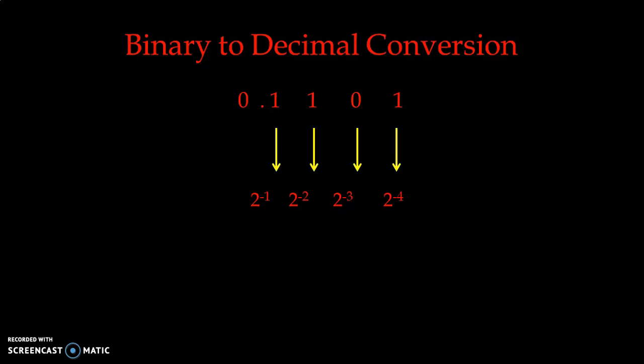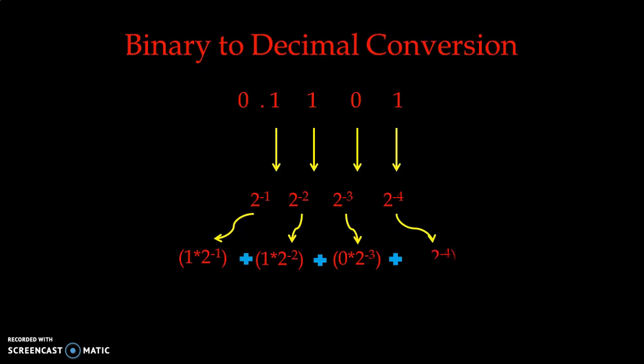And now we simply multiply with either 1 or 0 as per the actual values, and we need to do the addition. So 1 multiplied by 2 raised to minus 1, plus 1 multiplied by 2 raised to minus 2, plus 0 multiplied by 2 raised to minus 3, plus 1 multiplied by 2 raised to minus 4. Now we have to do the simplification and multiplication.